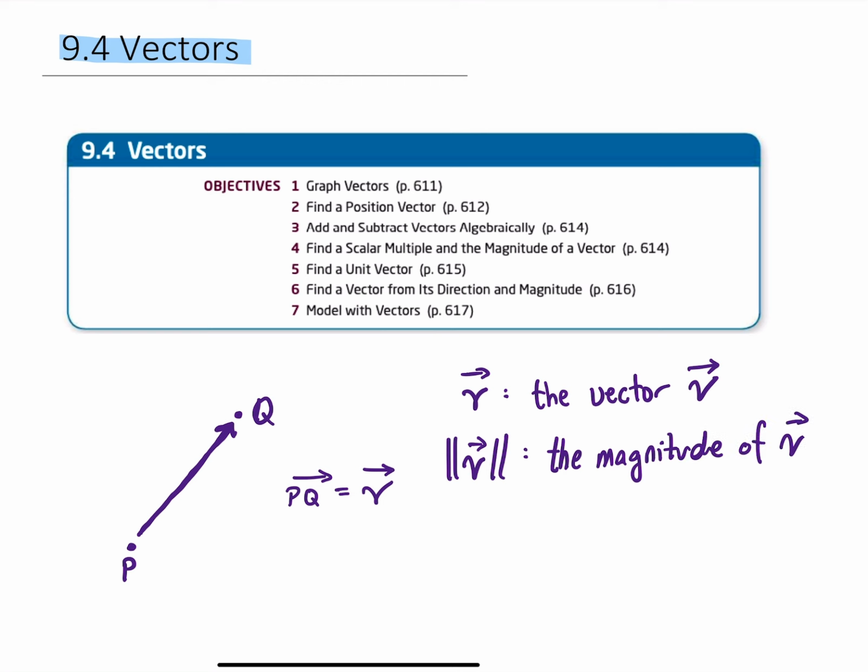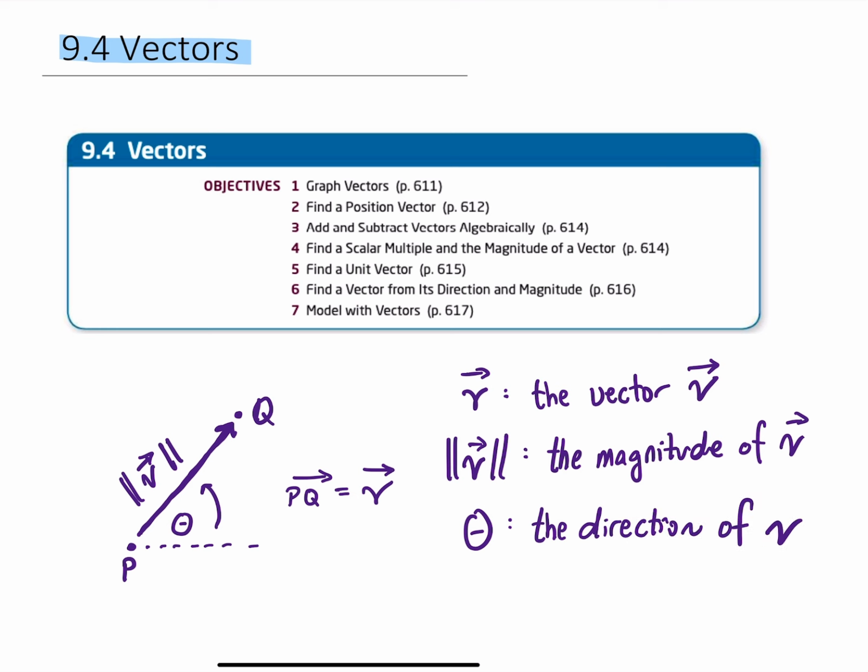And this means basically the length of our arrow, the length of the vector. And then we can also describe, if we're imagining this being in standard position, some angle that rotates up to the vector. So we'll call that the direction of the vector. So these are the two attributes that define a vector, the magnitude and the direction.